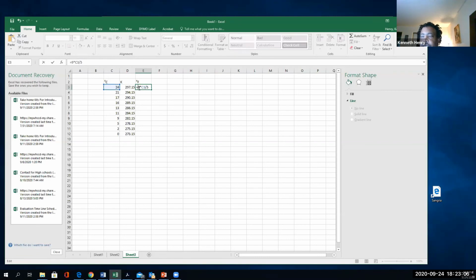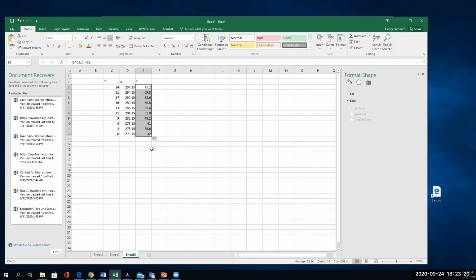So let me put that in parentheses. Plus 32. Now I just changed everything into Fahrenheit.